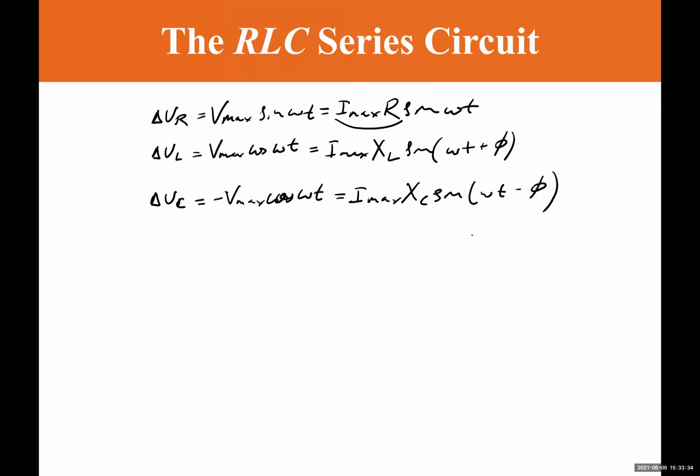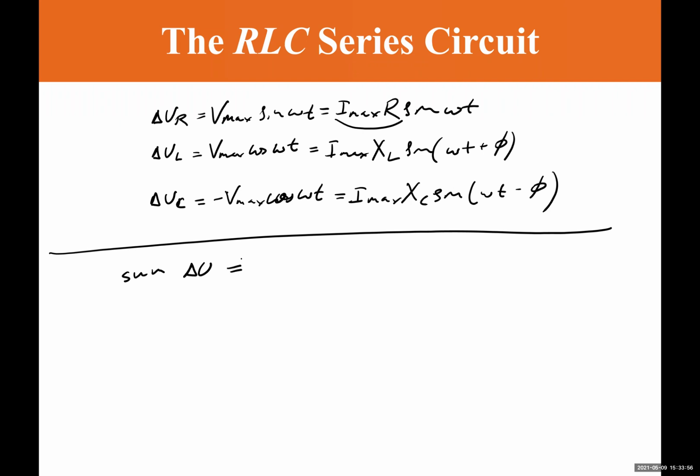Now we have those three voltages, and if I want the sum of all those voltages in terms of the total voltage, the sum of the delta V's is equal to the instantaneous voltage.